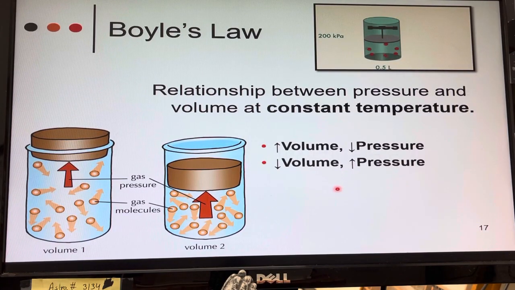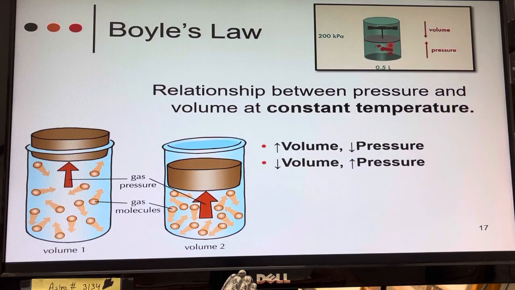Boyle's law. They'll have names. Boyle's law is the relationship between pressure and volume. Temperature is constant, so it doesn't really take part in the calculation, all right? So when the volume of a gas goes up, the pressure goes down. We mentioned that before, and you can see that in this animation.